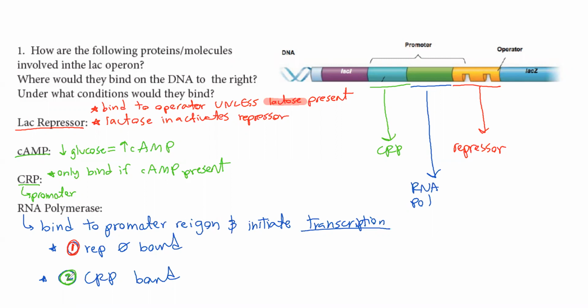CRP is controlled by cAMP, and cAMP is controlled by glucose. So think about the lac operon in two separate ways. There's the lactose, which controls the repressor. That's one separate thing. And then the other separate thing is glucose, which controls the promoter. Together, the repressor and the promoter control RNA polymerase.